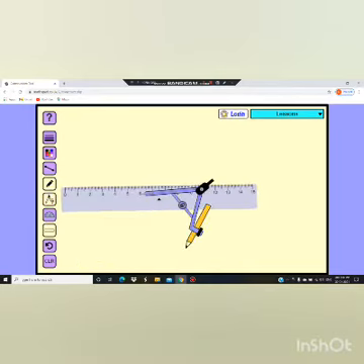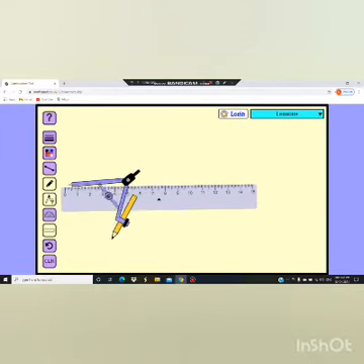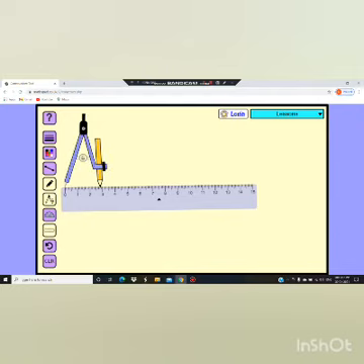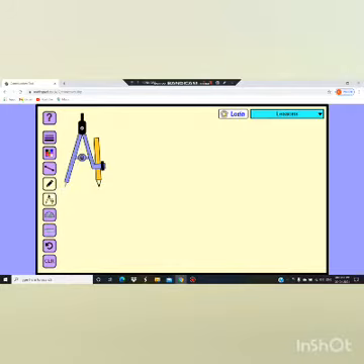So take a compass, keep the pointer on the center. In the compass, take a distance of 2.7 centimeter. With that distance we have to draw one circle.